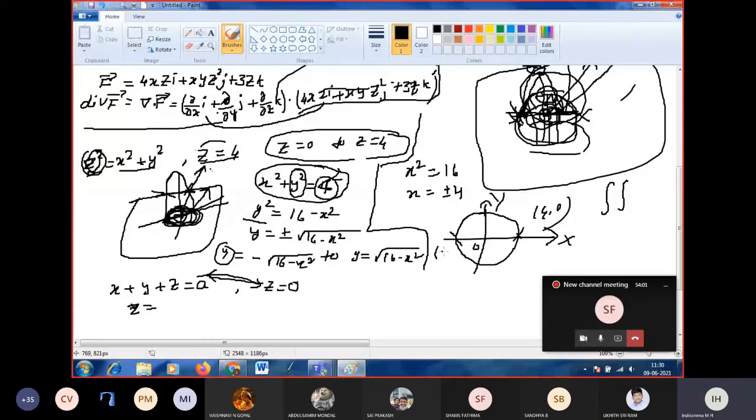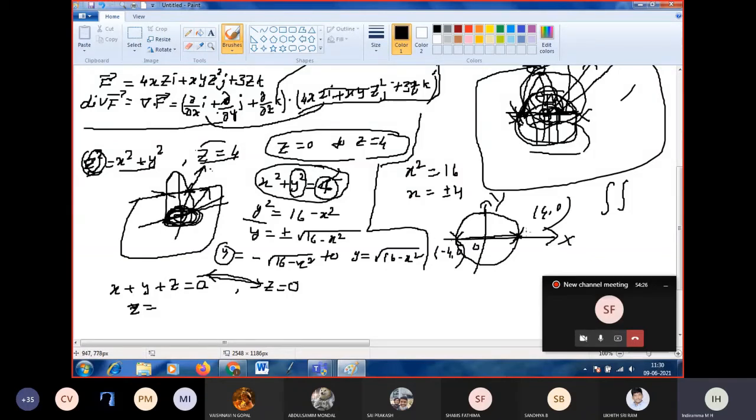And this point is minus 4, 0. As I always say, if you want to find the area, we have to take one limit, either x or y, along the axis, and another limit inside the region. So here I am taking x variation along the axis, that is minus 4 to 4.